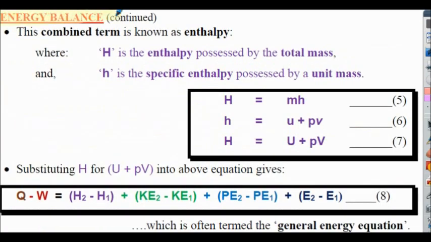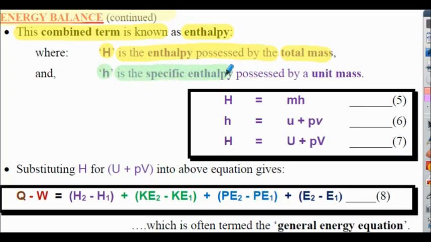Energy balance continued, so this combined term is known as enthalpy. Symbol uppercase H denotes the enthalpy possessed by the total mass, and lowercase h denotes the specific enthalpy possessed by a unit mass, per kilogram.